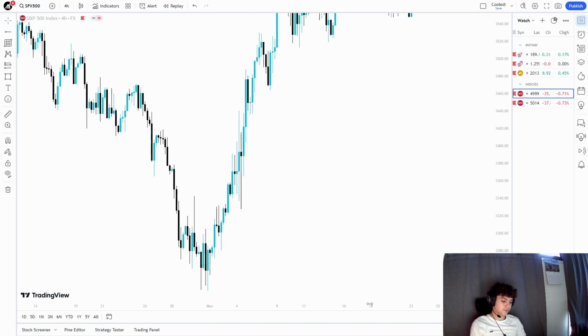Obviously, more confluences, if you master them, is better, but it depends on the person. For me: daily bias, liquidity sweep, break structure. If you want a better entry, then order block or fair value gap. But that's pretty much all you need, bro.